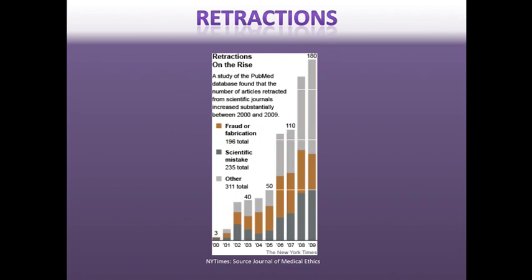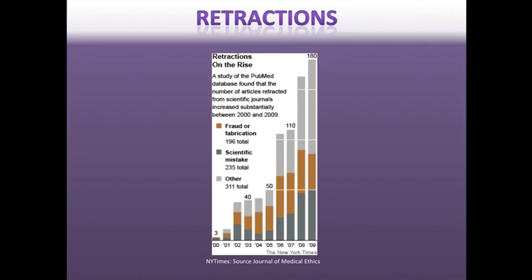What we also see is that there is this increase that we've seen over time in retractions of scientific papers. And this has occurred for a number of different reasons. You could argue that it's because we have less funding, so there's more pressure on researchers to falsify data.